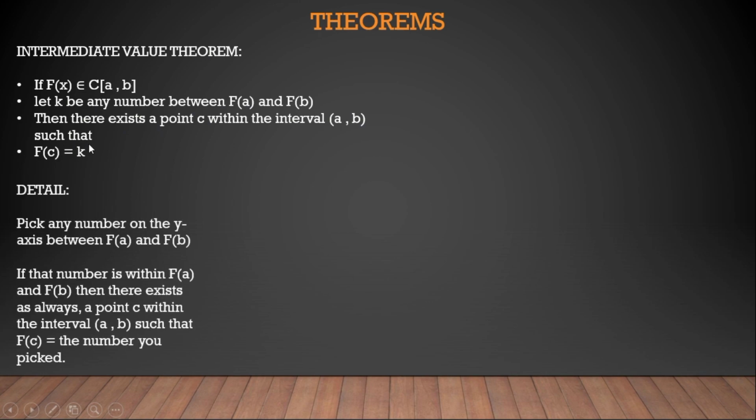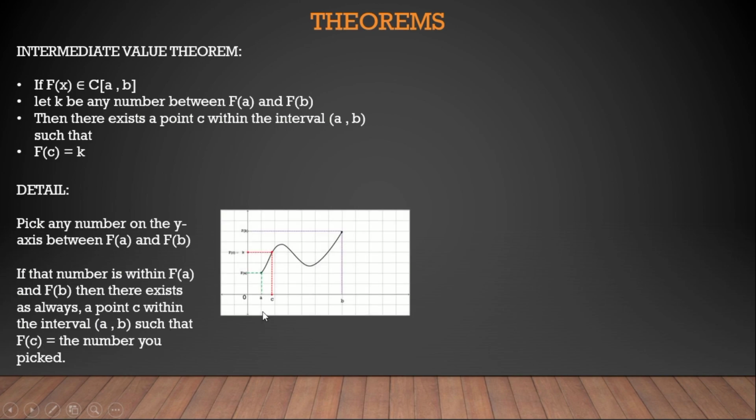So what that basically means is that we pick any number on the y-axis between f of a and f of b, and then there also exists a point c within the interval a comma b such that f of c is equal to the number you picked.